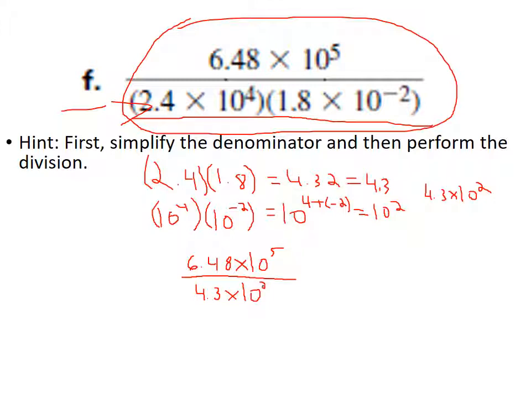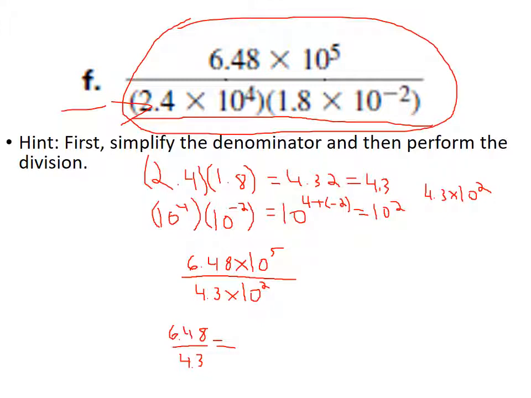And now I can carry out this whole division. So I'll start off by doing my 6.48 divided by 4.3, and there's two sig figures in the 4.3, so I should have two sig figures in the end. Remember the least number of significant figures.